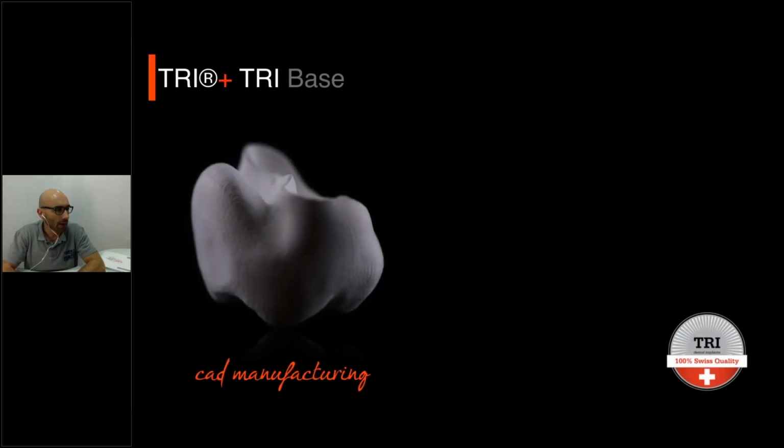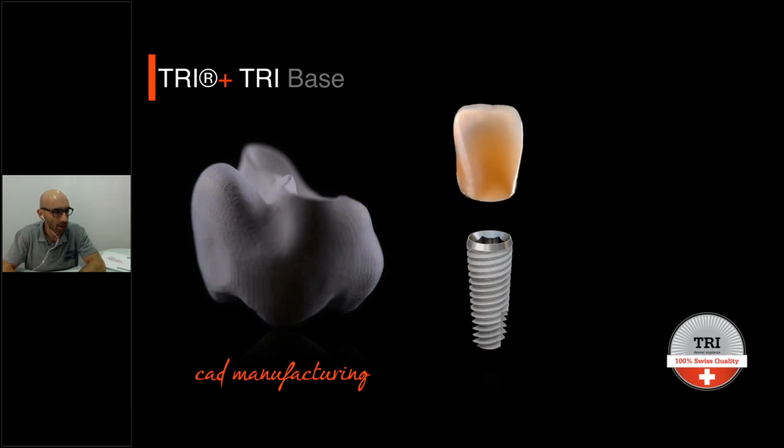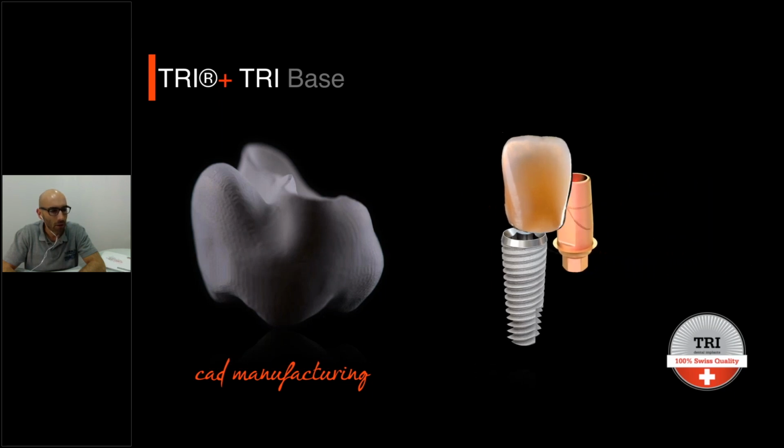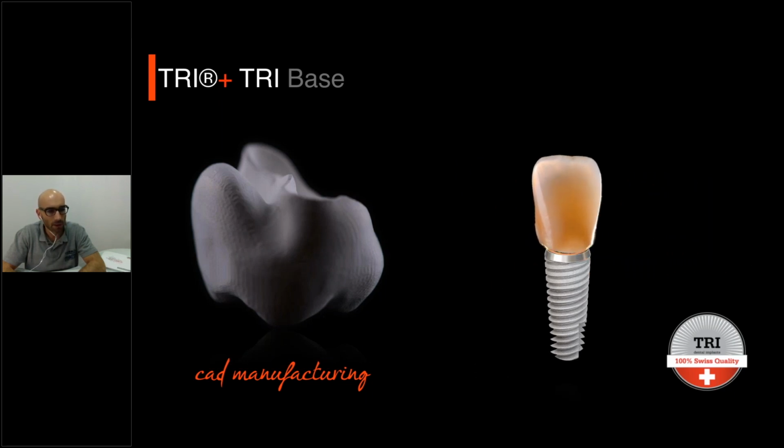So when we realize the crown, why do we find this T-base very helpful for our daily workflow? Because especially in aesthetic cases in the anterior area, we always choose the TRI base with a very low gingiva profile, 0.7 millimeter, because we want to start the zirconia restoration as aesthetically as possible.